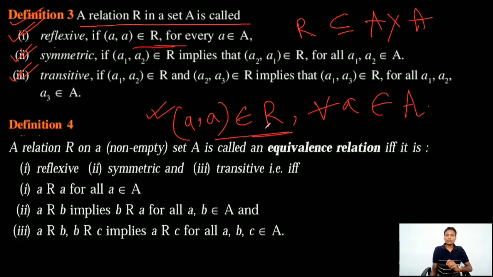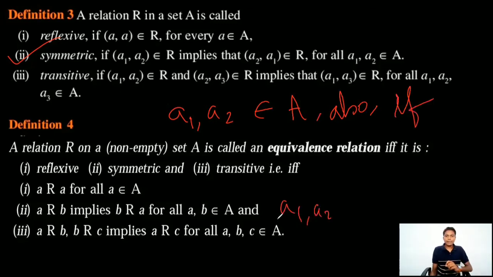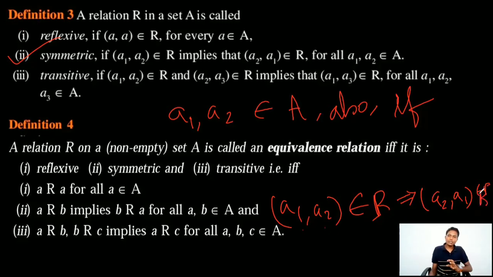Now for symmetric relation, suppose any two elements a1 and a2 belong to set A, then if the ordered pair (a1, a2) belongs to R, that implies surely (a2, a1) also belongs to R, then this relation R is called a symmetric relation.